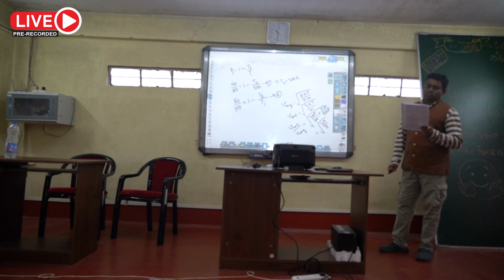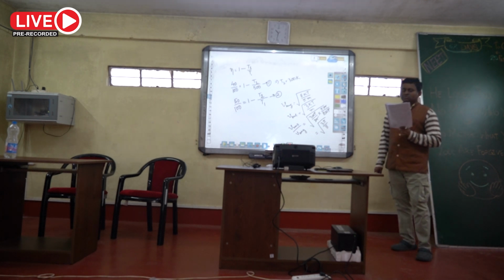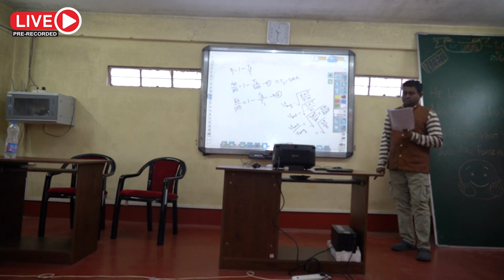Then question number 22. An object on a spring vibrates in simple harmonic motion at a frequency of 4 Hz and an amplitude of 8 centimeter. If the mass of the object is 200 gram, find the spring constant.